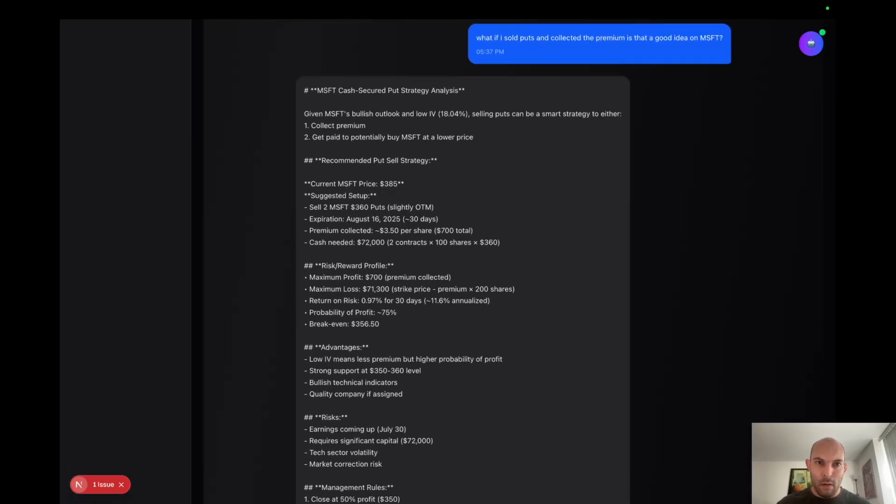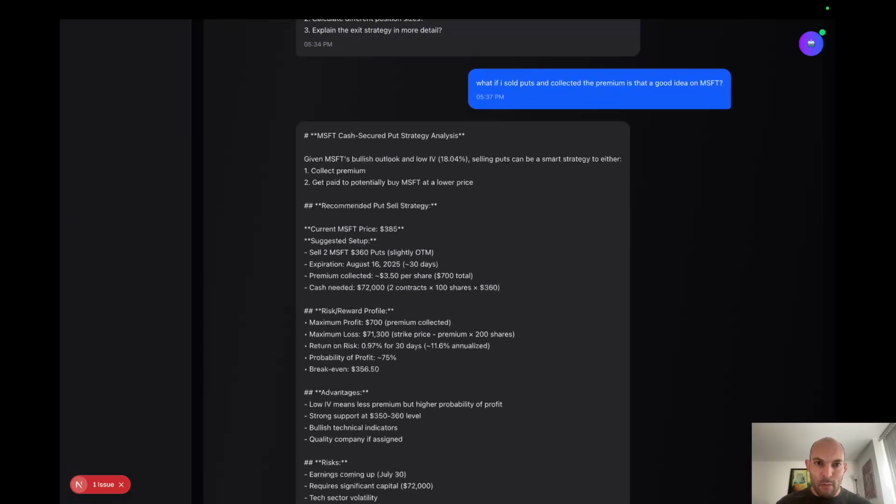Okay. Given MSFT's bullish outlook and low IV, selling puts can be a smart strategy to either collect the premium or get paid to potentially buy. Yeah, okay.